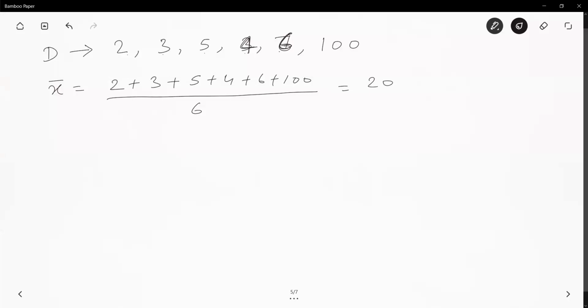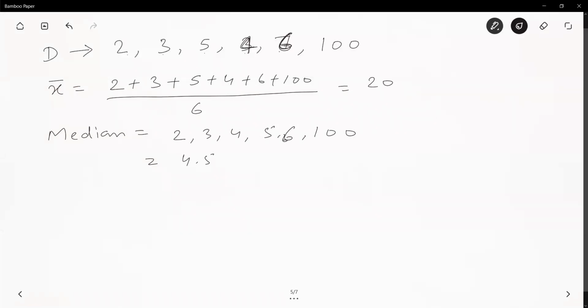Now if I ask you to find out the median of this data set, it becomes 2, 3, 4, 5, 6, and then 100. Again we have 2 values in the middle, 4 and 5. So 4 plus 5 is 9, and 9 divided by 2 is 4.5.